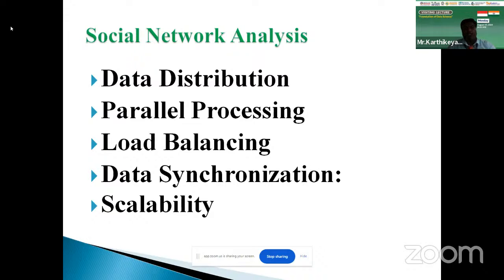Data distribution means user data and interactions are distributed across multiple servers, preventing any single point of failure and improving system reliability. That is data distribution. The second is parallel processing.